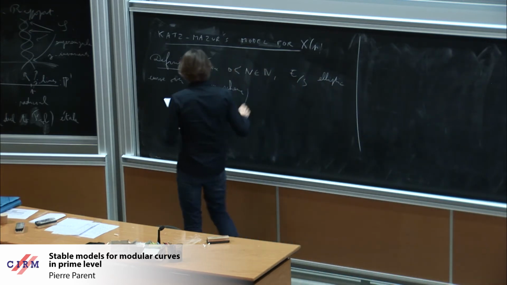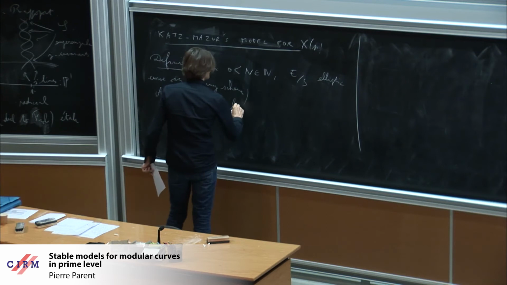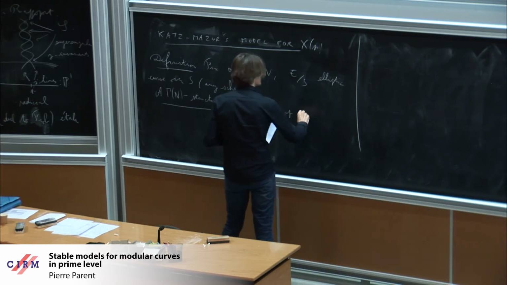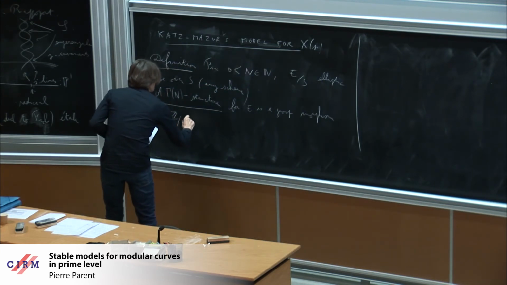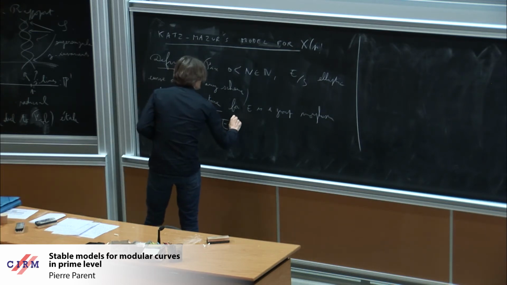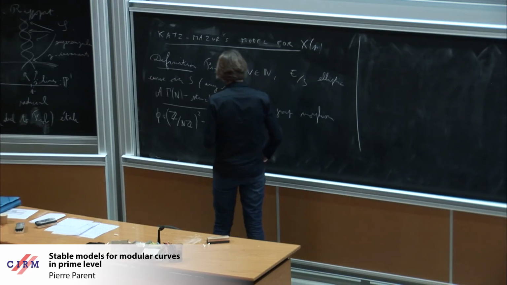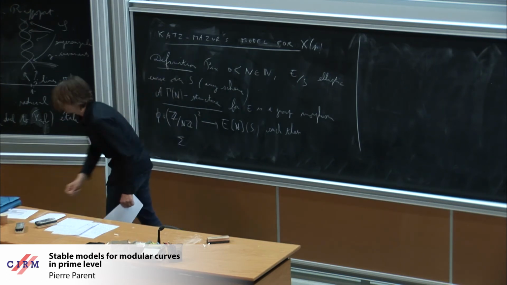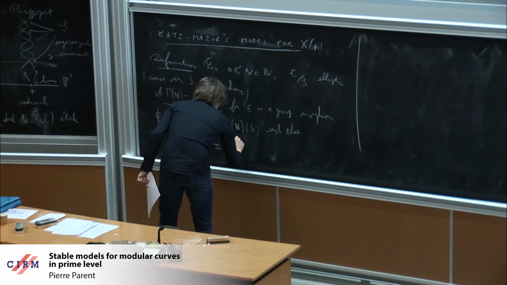And we say that a Γ(n) structure for E is the datum of a group morphism phi from (Z/nZ)^2 to the group of n-torsion points with values in S of E, such that we have an equality as divisors between that object and that one.